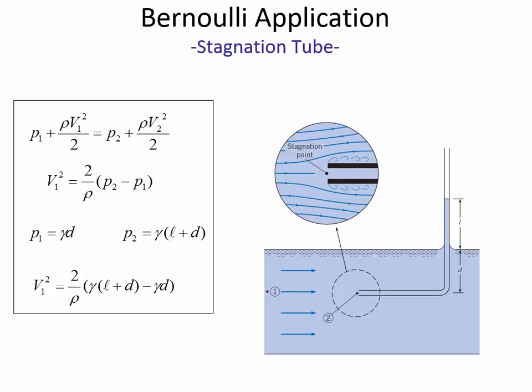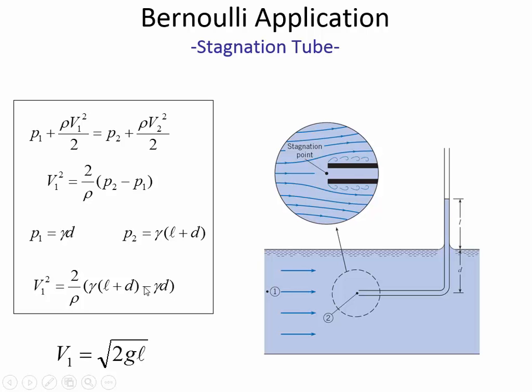So the gamma times D is going to go away, and what we'll just have is gamma times L. And what's gamma divided by the density? g. So here, in this simplified equation, we had the V2 from before. The g is just gamma divided by density, and then the L is left over because it didn't cancel when we removed the D.